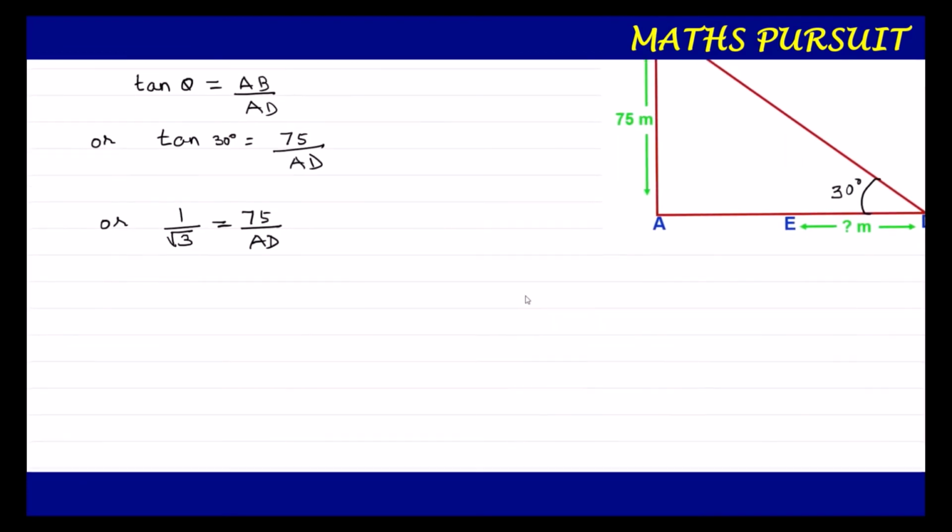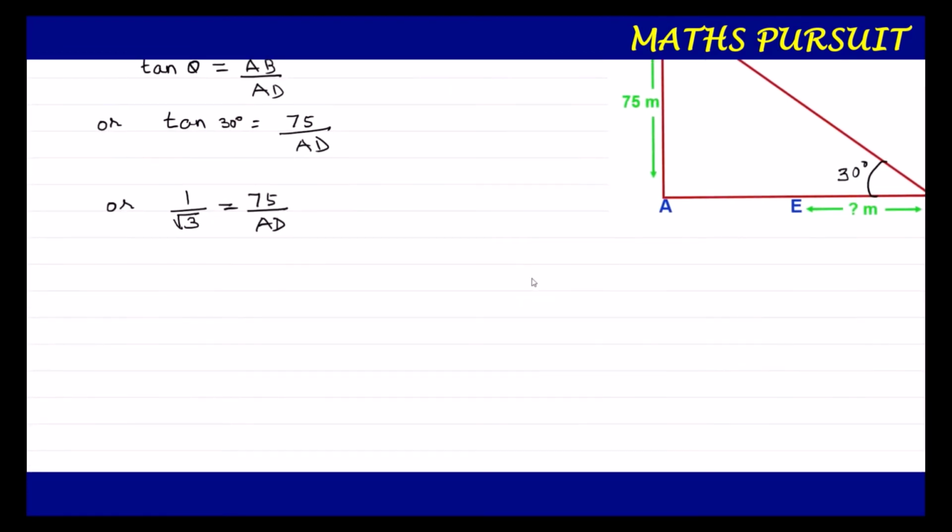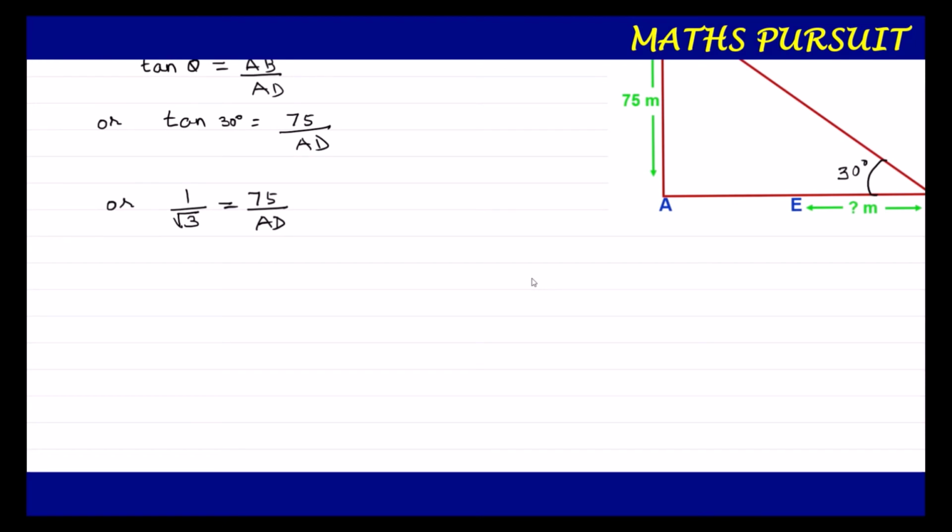So I can write 1 upon root 3 is equal to 75 upon AD. Or in other words, AD is equal to 75 into root 3. Let this be our equation number 2.